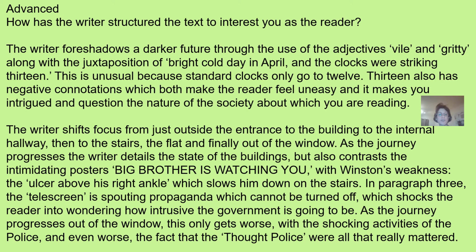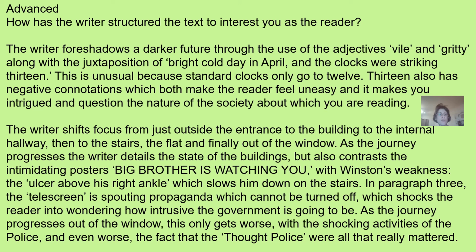The writer shifts focus from just outside the entrance to the building to the internal hallway and then to the stairs, the flat and finally out of the window. As the journey progresses, the writer details the state of the buildings but also contrasts the intimidating posters "Big Brother is watching you" with Winston's weakness, the ulcer above his right ankle which slows him down on the stairs.